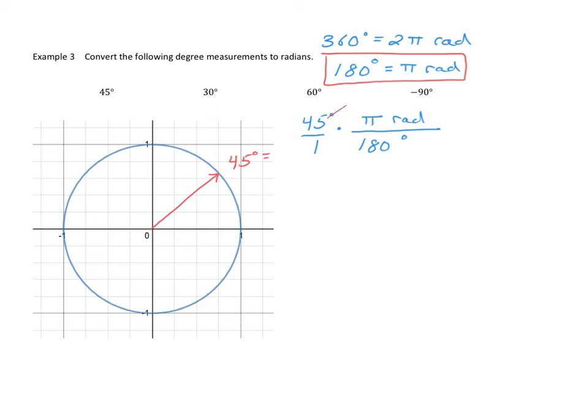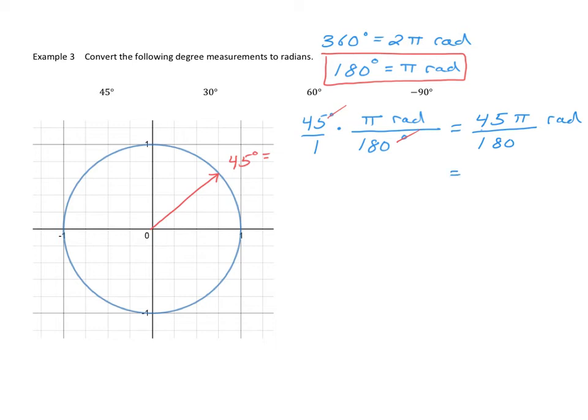The degrees cancel, and we have radians left over. If we multiply the numerators, we get 45 pi. If we multiply the denominators, we get 180. And we also have radians that was not canceled. So here's the answer, 45 pi over 180.